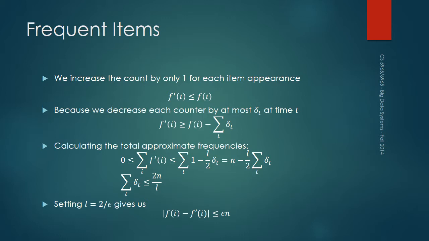Now think of the worst case. If you're trying to measure frequencies, forget the error. What is the worst that could happen? You have one item which always shows up as the last column. He shows up and he keeps getting chopped off, so you're going to get 0 for him in the end.